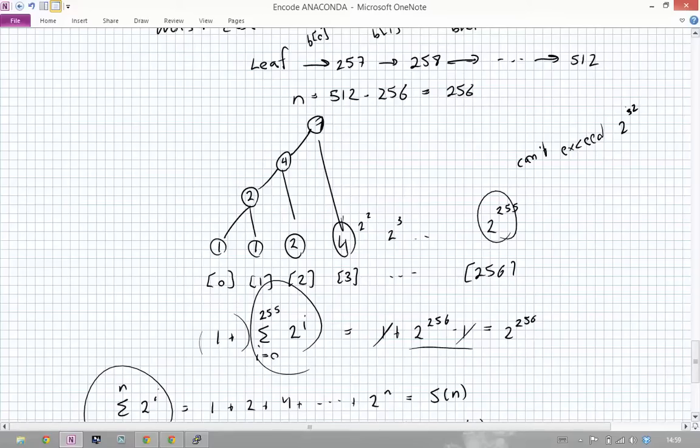Then 32 minus 8 is 24, so roughly 2 to the 24th in each slot. If you have 2 to the 24th in each slot and multiply that by 2 to the 8th, you're at 2 to the 32.